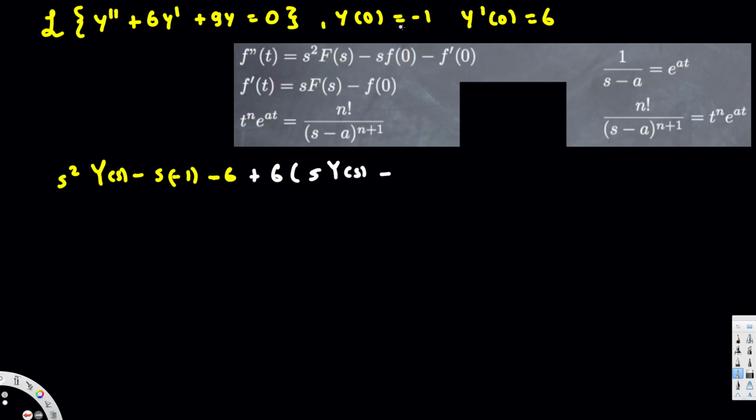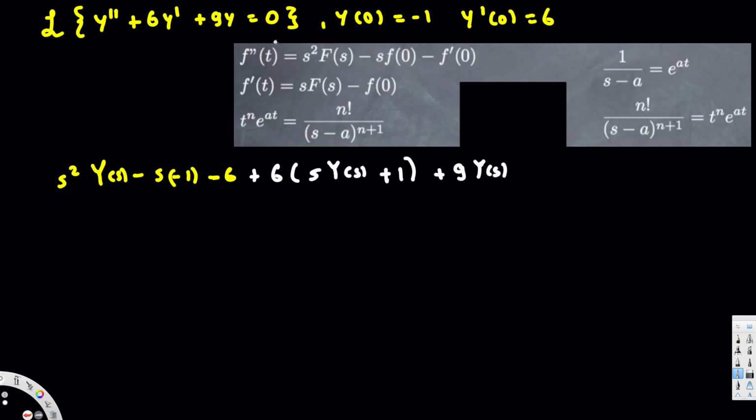Since y of 0 is negative 1, negative negative 1 makes this positive 1. Now we have converted these two, and when we convert 9y into the s world, that's just plus 9 capital Y of s.